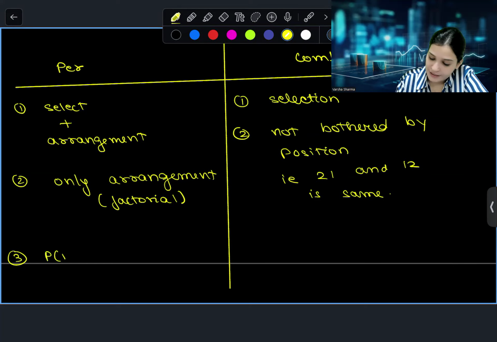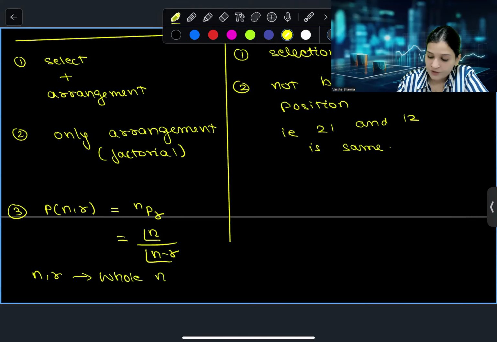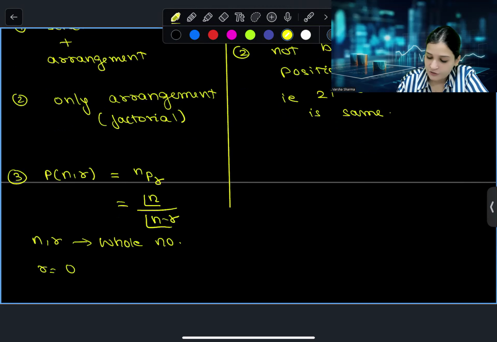Formulas: nPr is factorial n upon factorial n minus r. Now, n and r are both whole numbers, 0, 1, 2, 3, 4, and the value of r is 0, 1, 2 up to n.